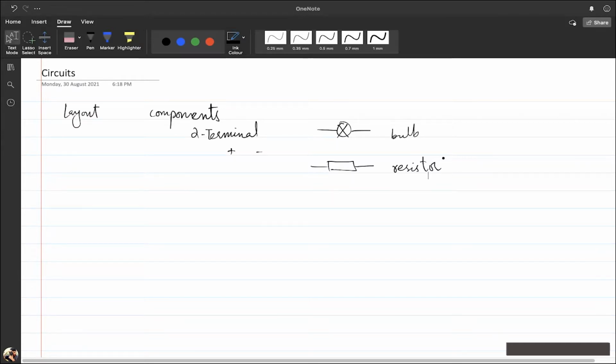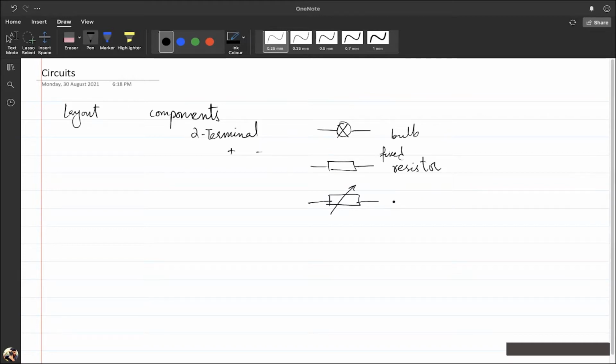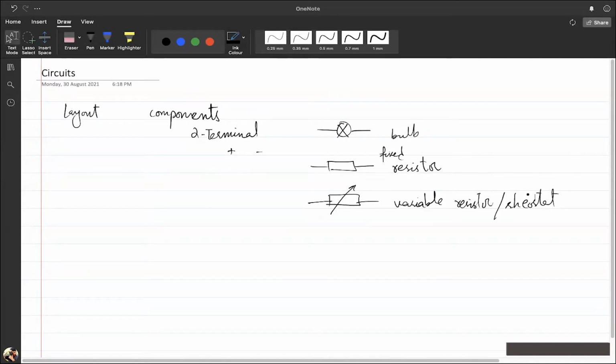Then some of these resistors are fixed. So this is a fixed resistor, but some of them are not fixed. We draw them out like this. And this is a variable resistor, or we can also call it a rheostat. What a rheostat does is, the most basic rheostat has a wire in it, and you can control the length of the wire using a knob.